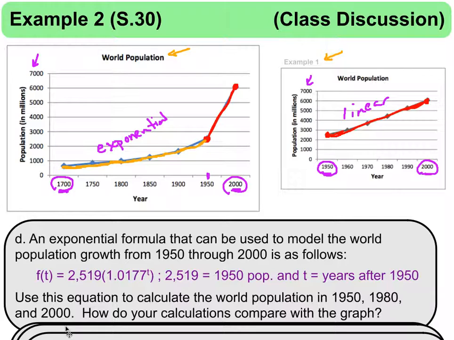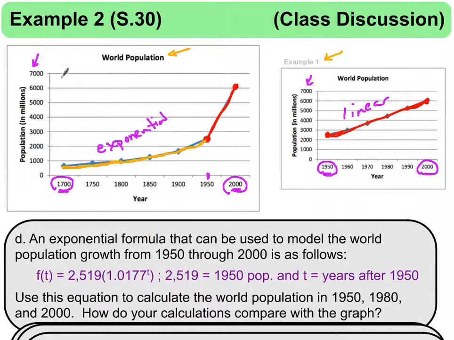In part D, they say an exponential formula that can be used to model the world population growth from 1950 to 2000 is as follows. And so they give us this information here, this particular formula, the starting population, right here in 1950 to be exact. What is the rate of growth right here, raised to the t power?